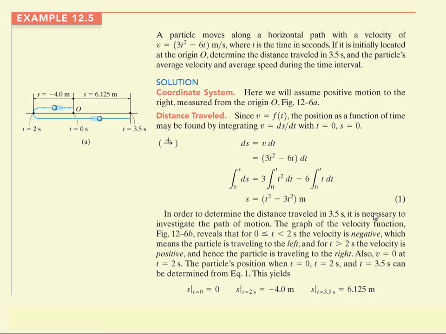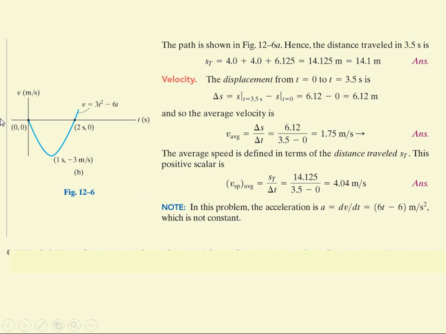So this is the distance traveled. In this case, we need to investigate the path of motion for this particular thing, although we have the description here. The velocity function that we see reveals, if you plot it, this is what you get.